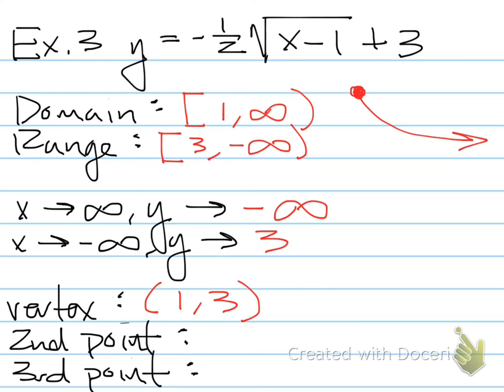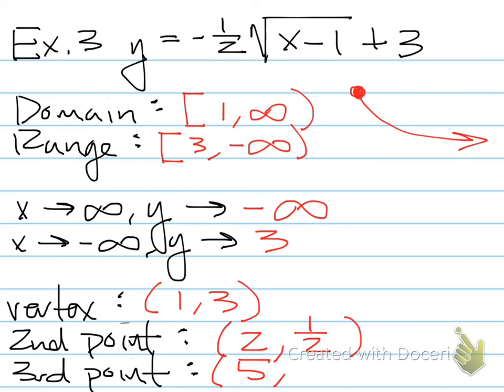All right, for another point on the graph, if x is 2, when we plug in 2 for x, we get 2 minus 1, which is 1. Square root of 1 is 1. Negative 1/2 times 1 is negative 1/2. Negative 1/2 plus 3 is 5/2. When we plug in 5 for x, 5 minus 1 is 4. Square root of 4 is 2.